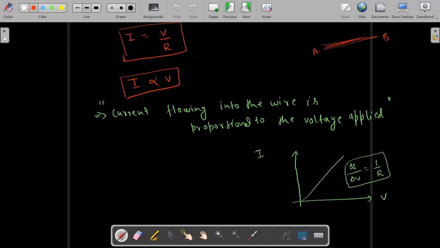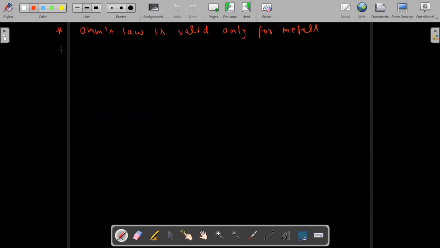Suppose I'm using a semiconductor, which is another type of material that is not fully a conductor, and acts as insulator and conductor both at some particular temperature. If I make the diagram of I proportional to V, we don't get a straight line; we get this kind of curve.